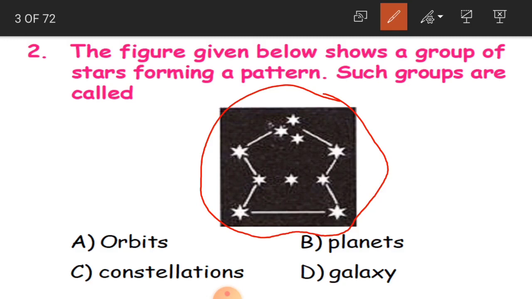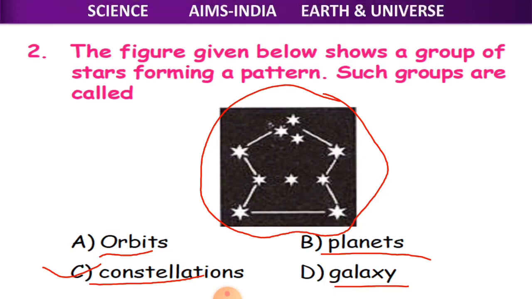Is it orbits, planets, constellations or galaxy? The answer is C, children, constellations. The stars which form a group and make a pattern are called constellations.